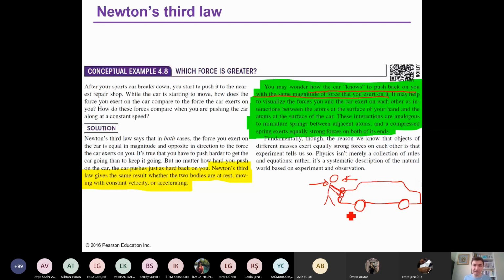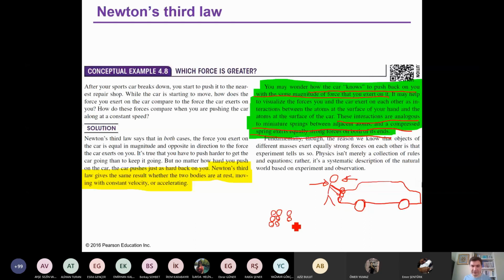Just consider a miniature spring between adjacent atoms, and a compressed spring exerts equally strong forces on both of its ends. These are the atoms on the surface of the hand, and these are the atoms on the surface of the car, let's say.